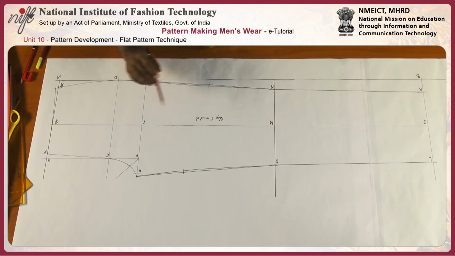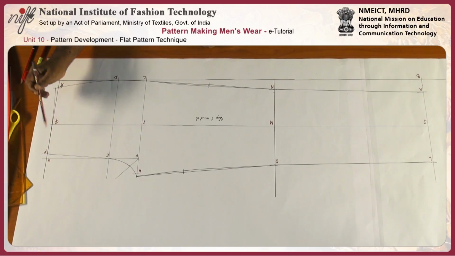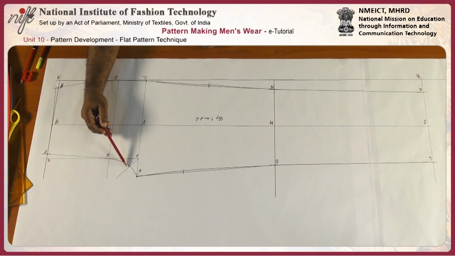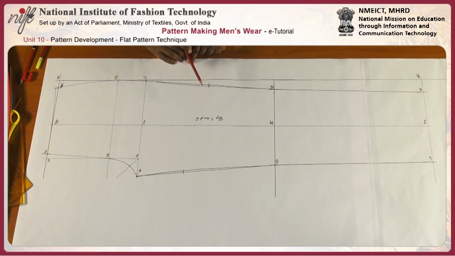Then from point P to E with the straight line. Then draw the 45-degree angle where the 2.8 centimeter marking is, then blend the crotch line of the front. Moving to the side seam, connect the 8 mm mark and point D at the hip level, and blend the side seam.